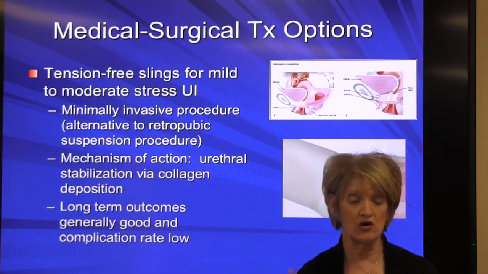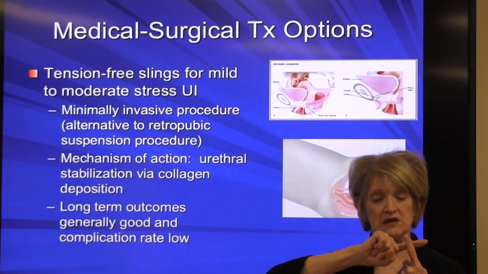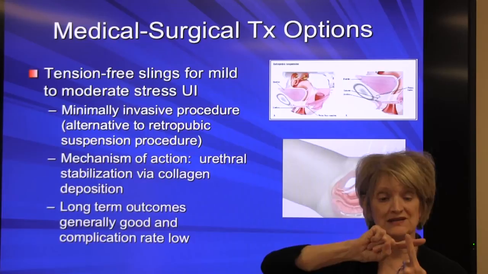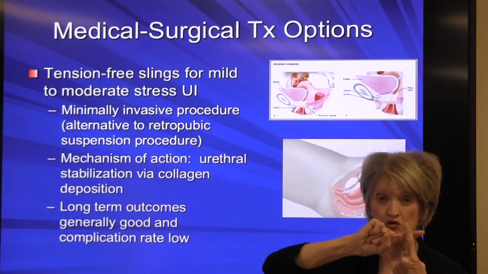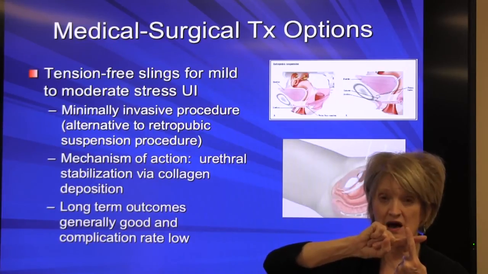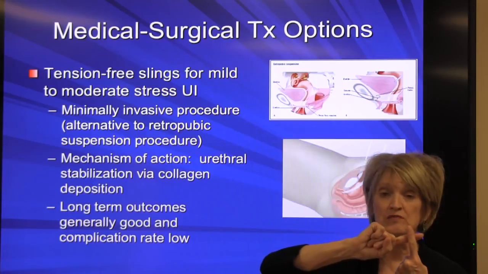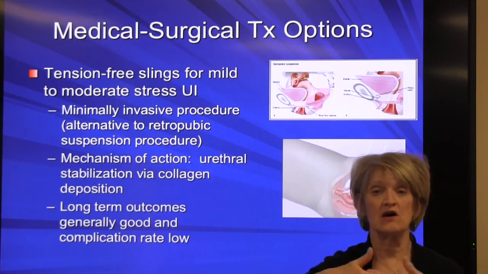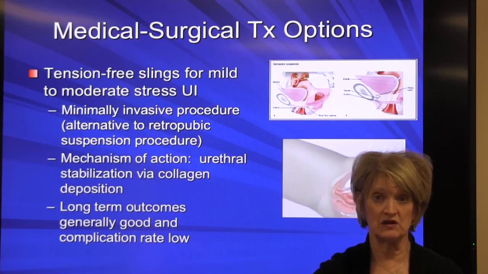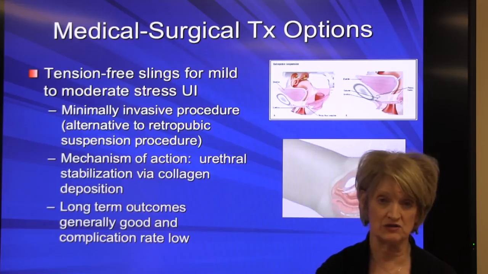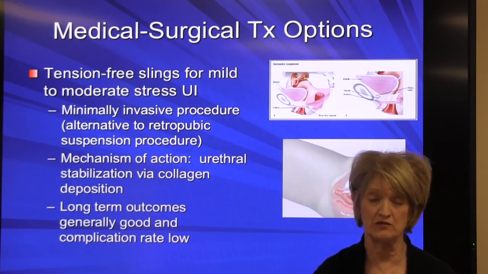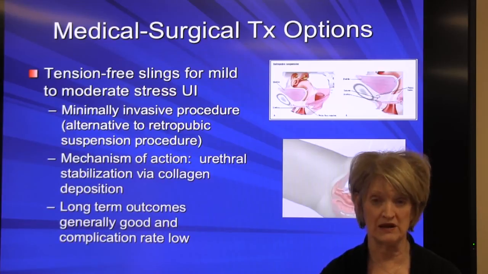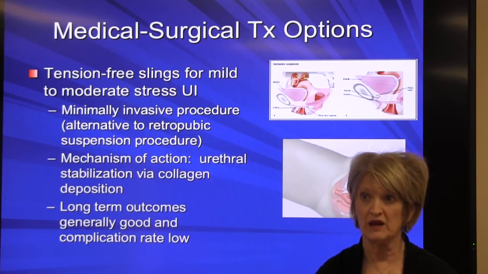So how does it work? Well, when you put this in, it fills with collagen, and that collagen acts to stabilize the urethra and hold it in place. So it's like a very beneficial scarf. Locks the urethra in place, so it improves sphincter function. So tension-free vaginal tape, TVT, and tension-free obturator tape, TOT, are now the most commonly used procedures worldwide.